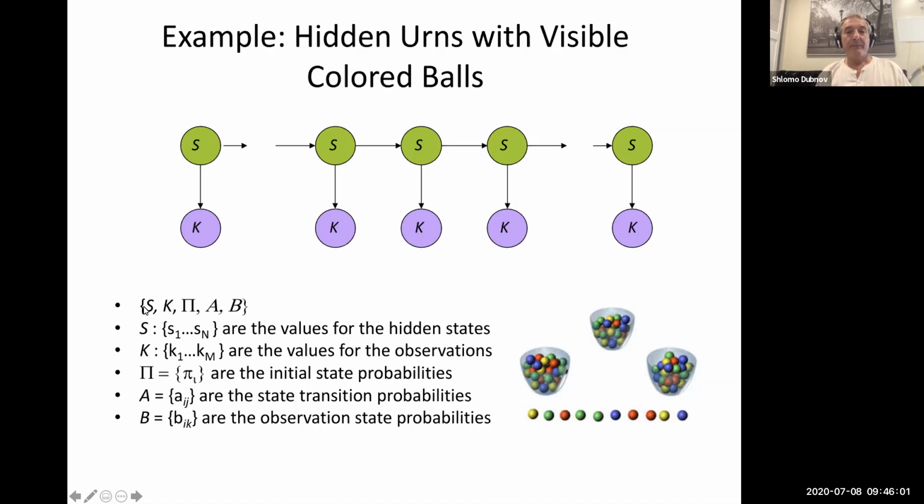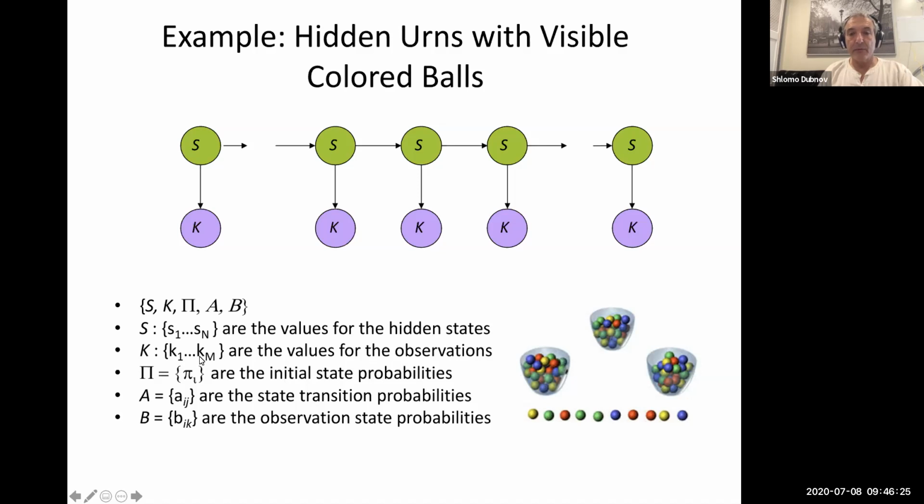We have this set of mathematical definitions that represent the hidden Markov model. You have values for the hidden states, or the states. In this case, we have 3. You have the values for the observations.